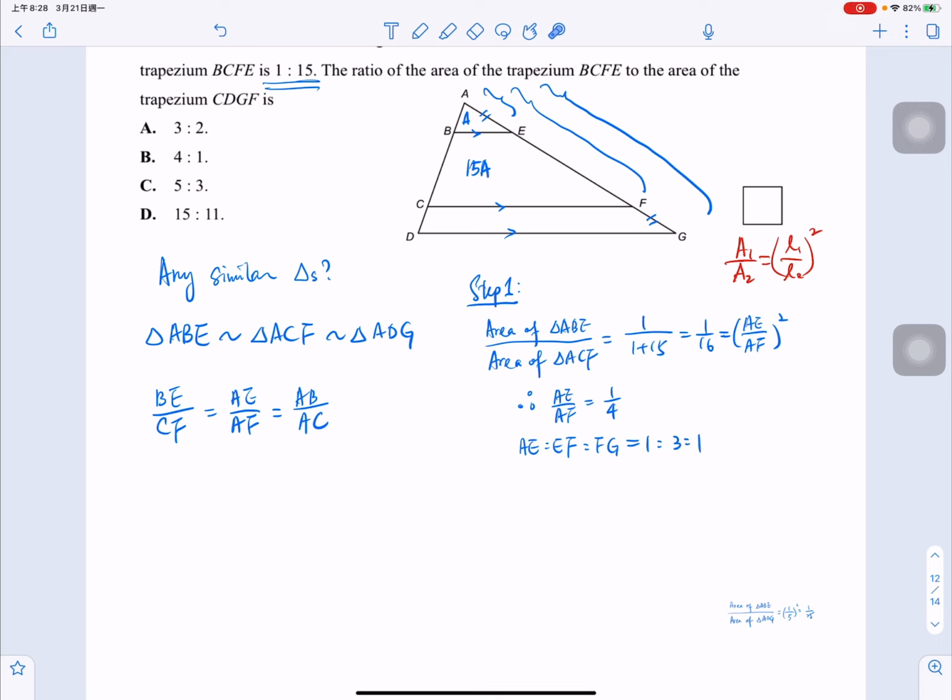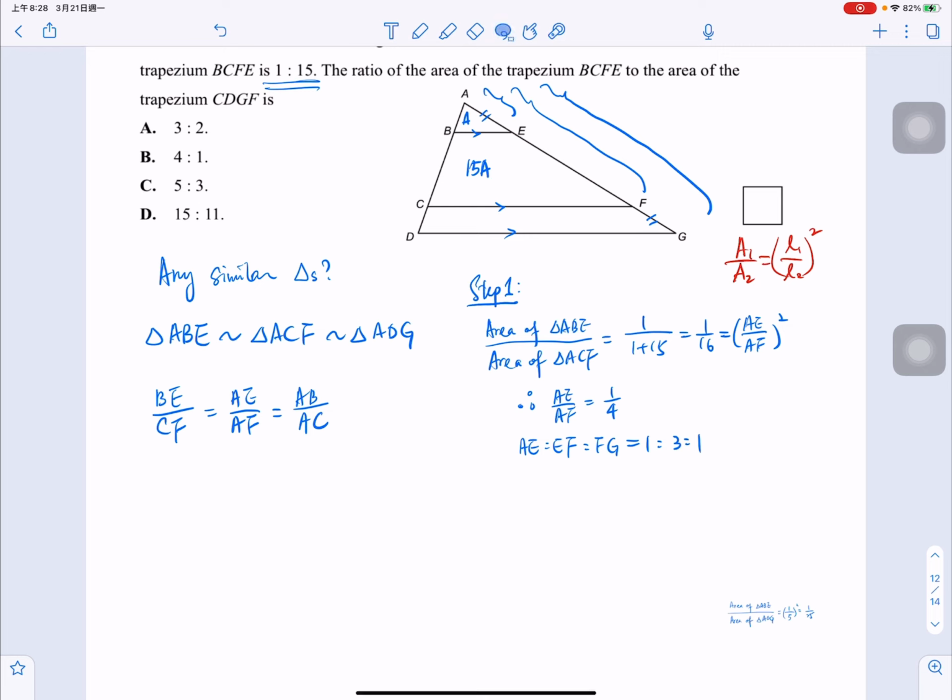Then finally, how about the biggest area? Do you know? Yeah, 1, 3, 1 as a whole. That means 5, right?